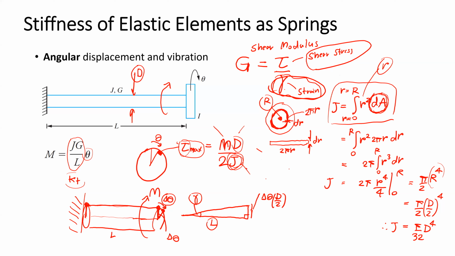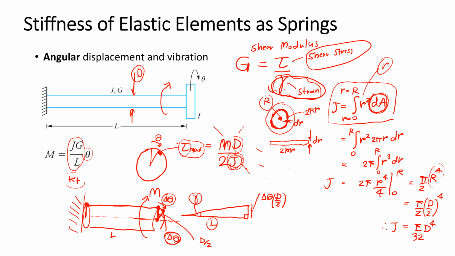The angle of deformation delta theta at the position far away from the center line of the cylinder, the distance d per 2, diameter divided by 2, and angle about the center line is delta theta.